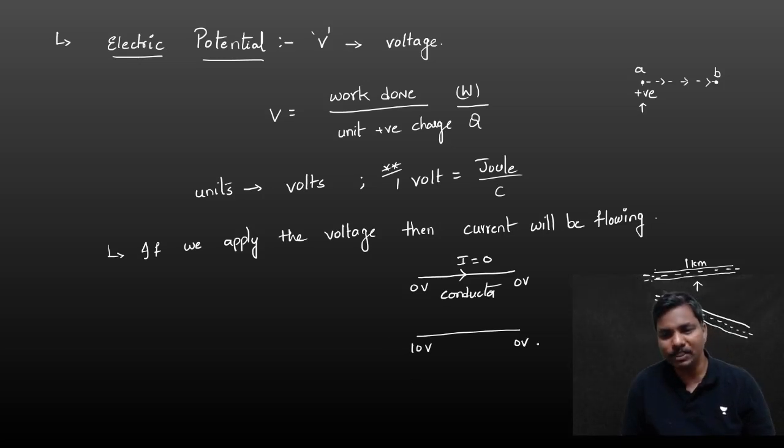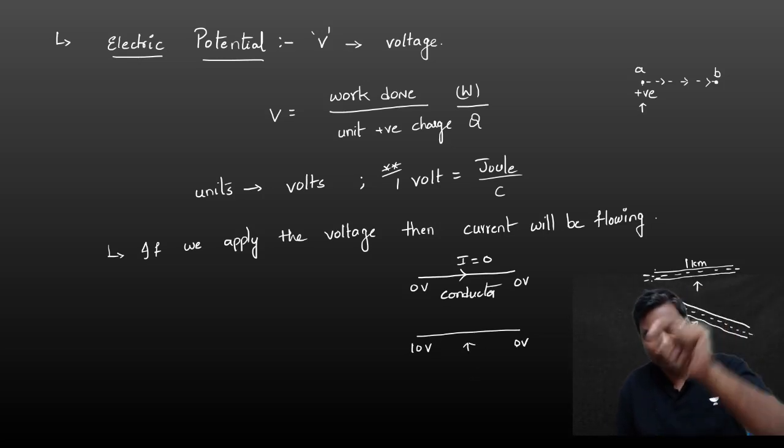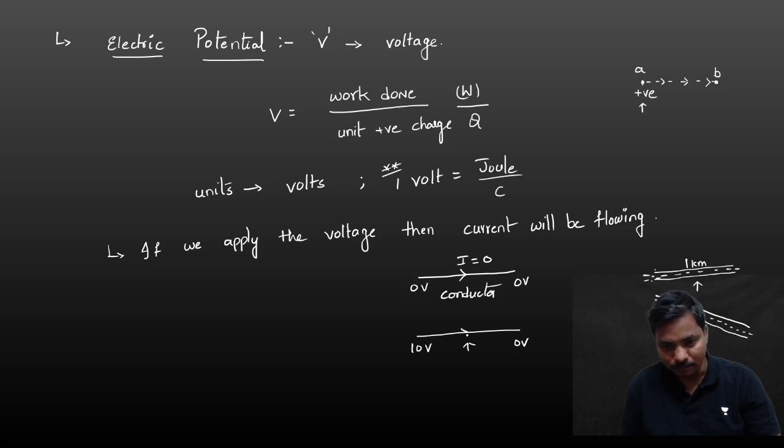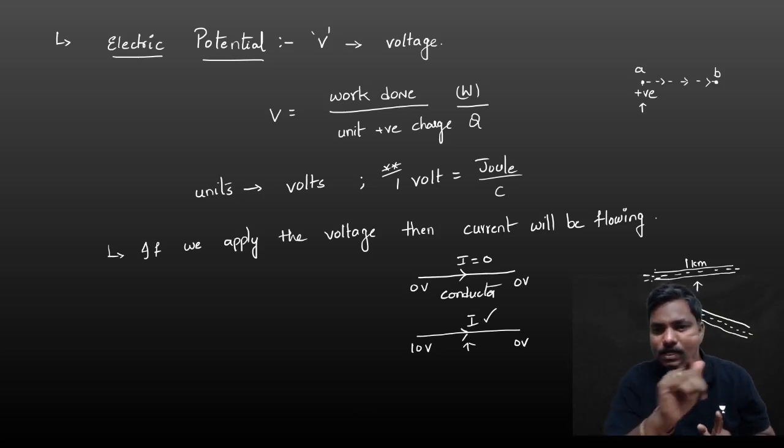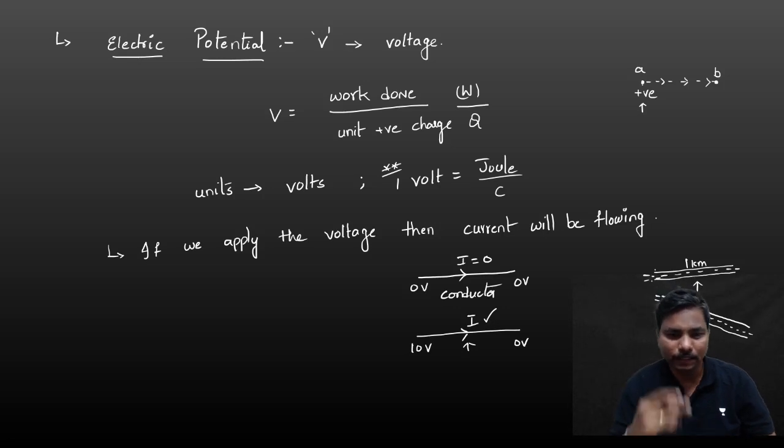Now there is a potential difference. Like here pressure difference, here potential difference is there. So whenever there is a potential difference, then current is flowing. Same like whenever there is a pressure difference, water is flowing. In the same way, whenever there is a potential difference, current is flowing.